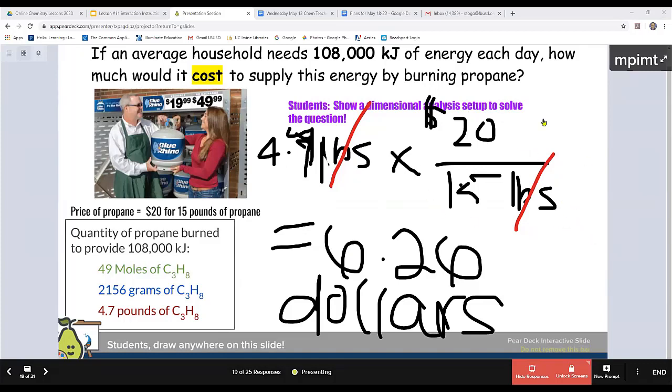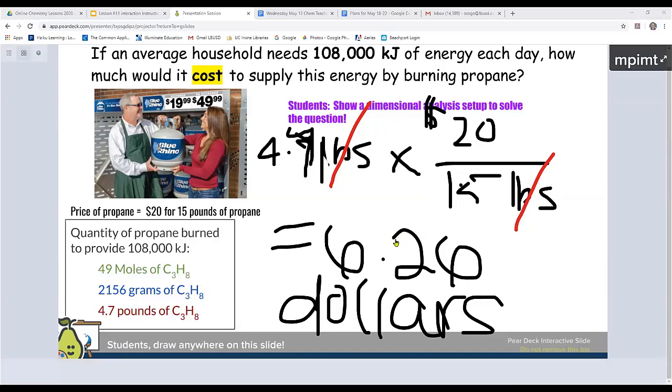You also have to tell the truth. The conversion factor is $20 for 15 pounds, which makes this setup valid. Pounds will cancel. You multiply by what's on top, so it's 4.7 times 20, divide by 15 on the bottom, and you get $6.26. So that is a good example for you to see.